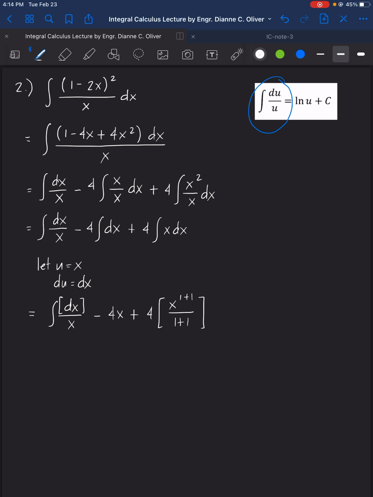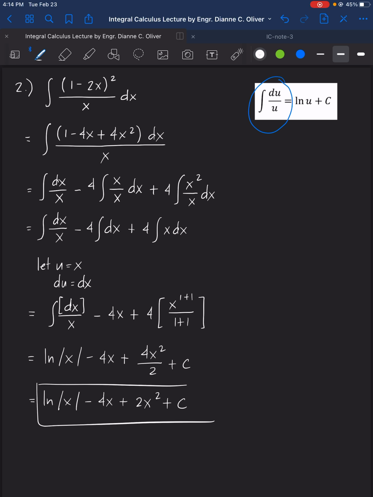No plus c yet because of the presence of the integral sign. Okay, that is equal to ln of x minus 4x plus 4x squared over 2 plus c. That is equal to ln of x minus 4x plus 2x squared plus c. Okay, that is the answer.